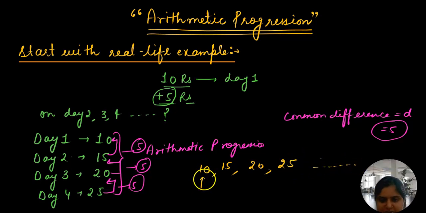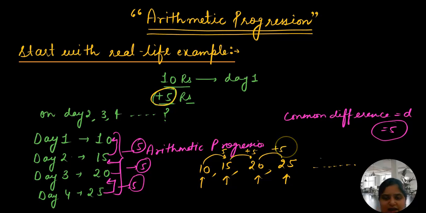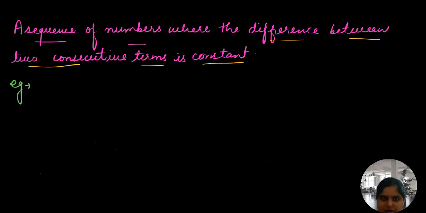On the first day income is 10, the second day it is 15, then 20, then 25, and each day you increase your income by 5 according to the given question. So the difference is also 5 here.